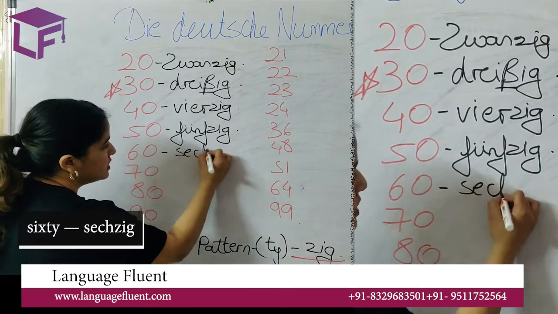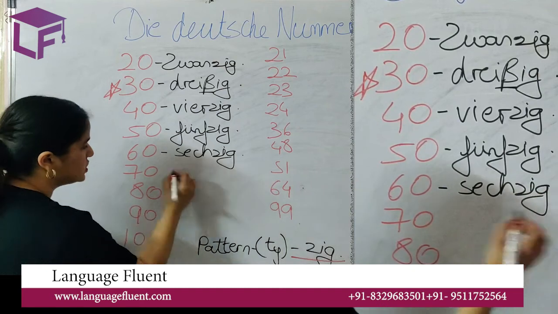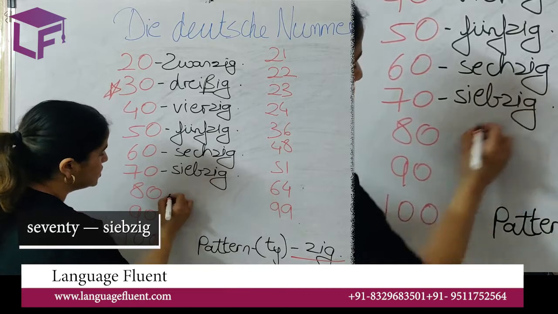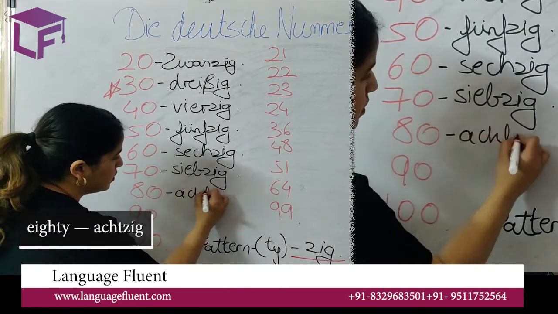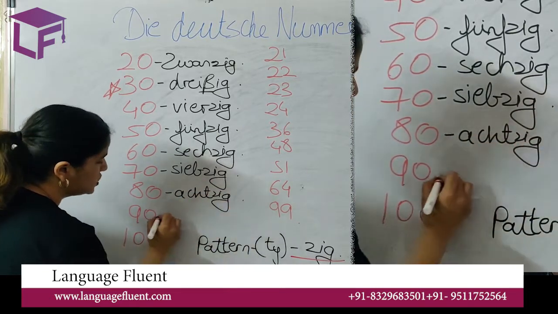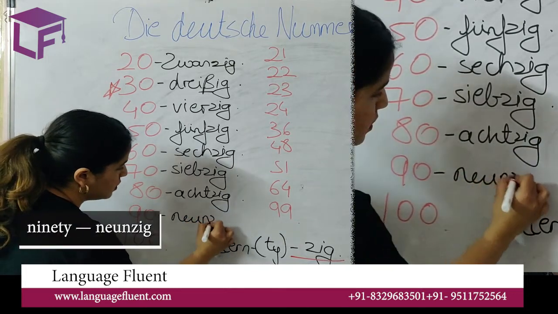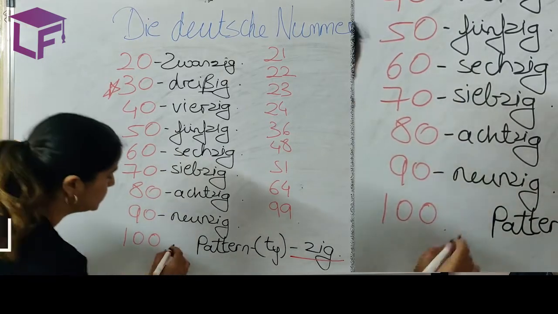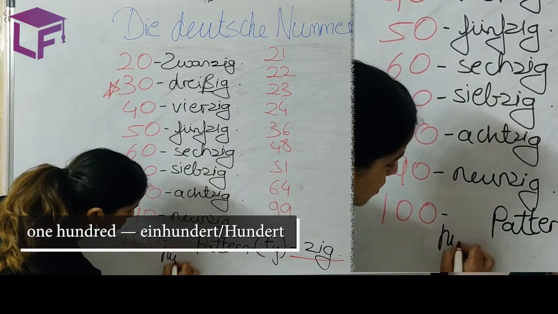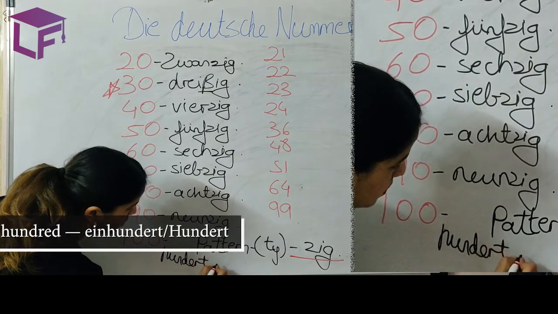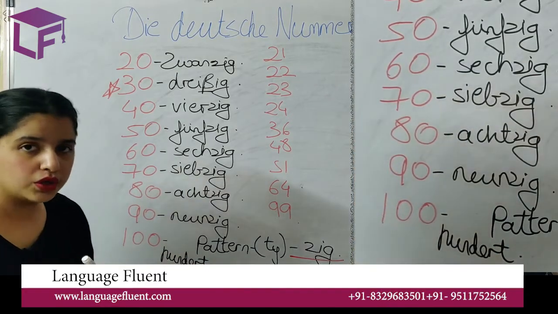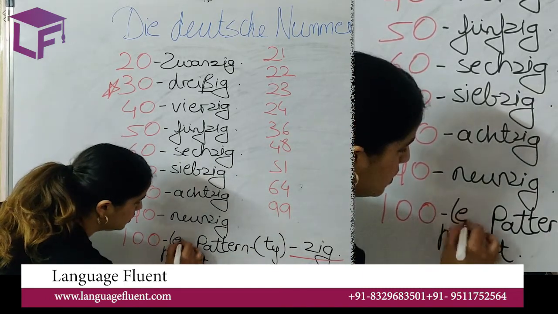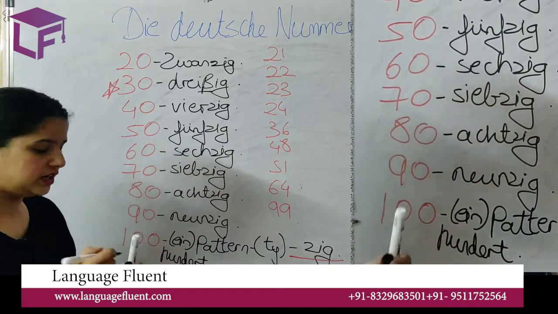60, 70, 80, 90, and 100 will become 100.